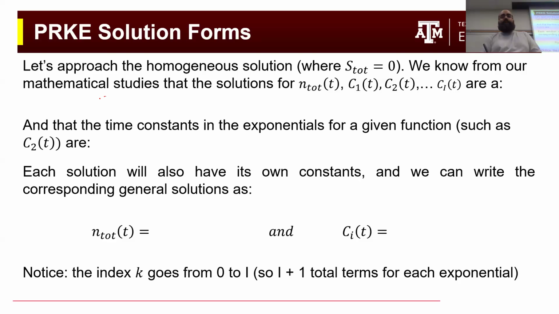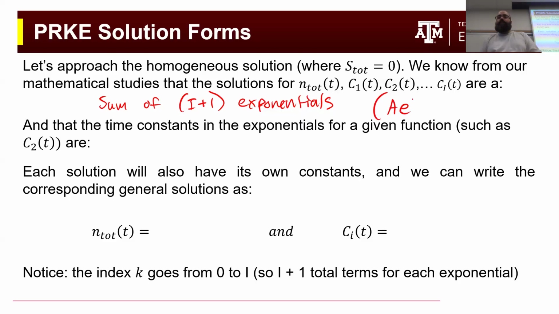So this is basically going to look like a sum of I plus 1 exponentials, meaning some a times e to the b times t. Depending on how many groups you have, you'll have a certain number of these exponentials that make up your solution.